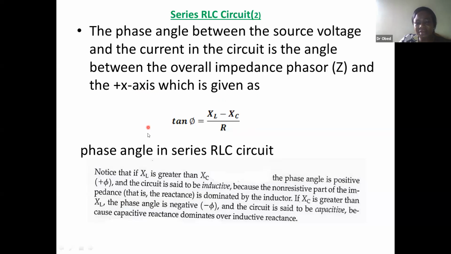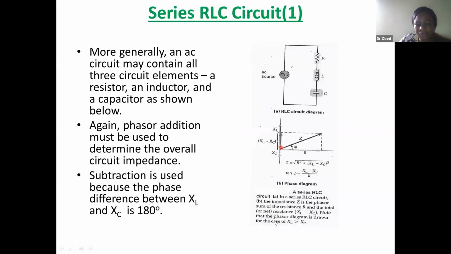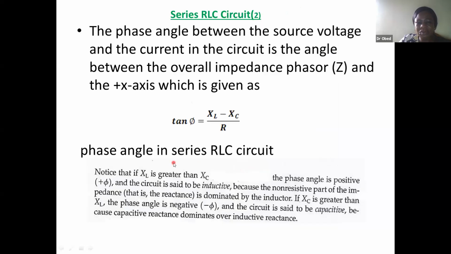We just saw that now. So this is the phase angle in series RLC circuits, like you saw here. So that's called the phase angle in series RLC circuits.